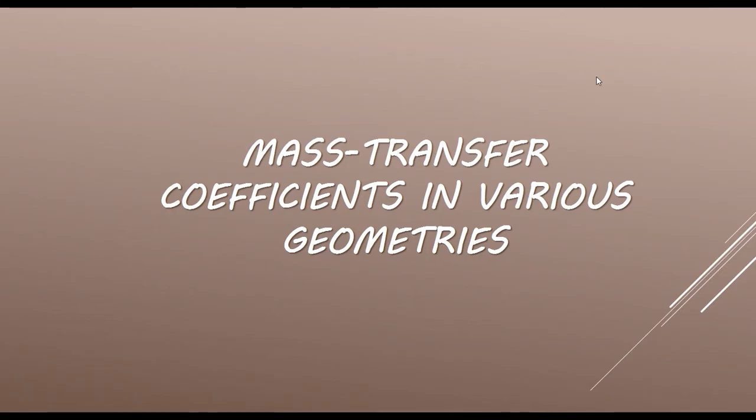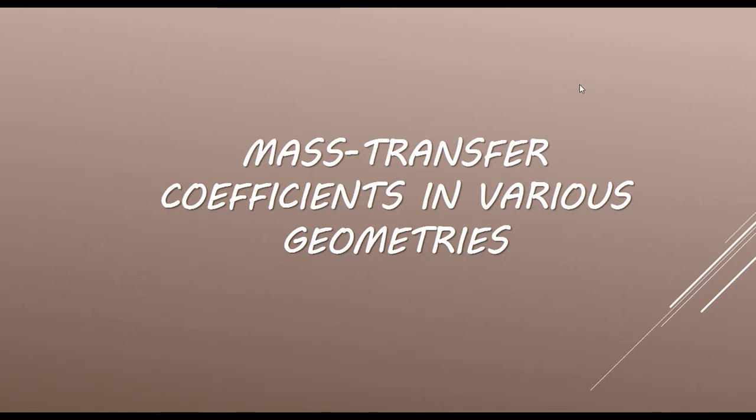Good day, class. So our focus for this set of slides will be mass transfer in various geometries, specifically mass transfer coefficients in various geometries. Now we'll be looking into the use of the dimensionless numbers, the Schmidt number, the Stanton number, the Sherwood number, and even the Reynolds number first in establishing the kind of flow, whether it's laminar or turbulent.